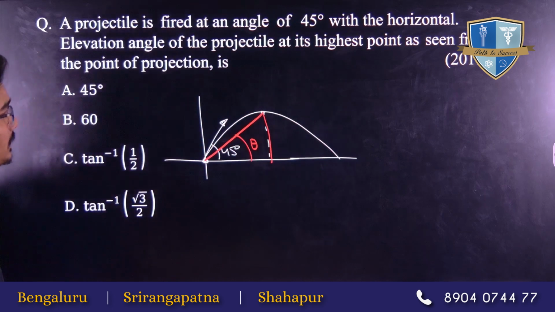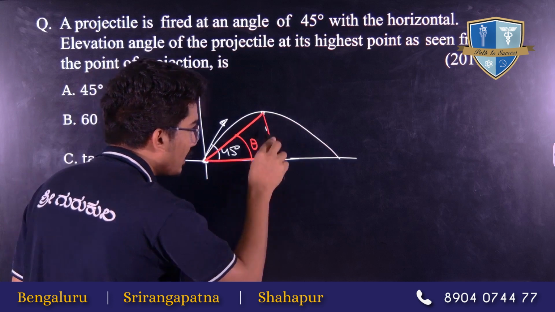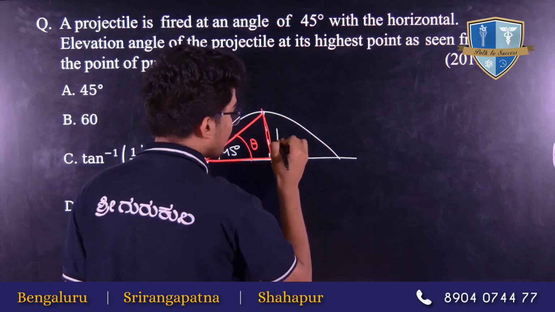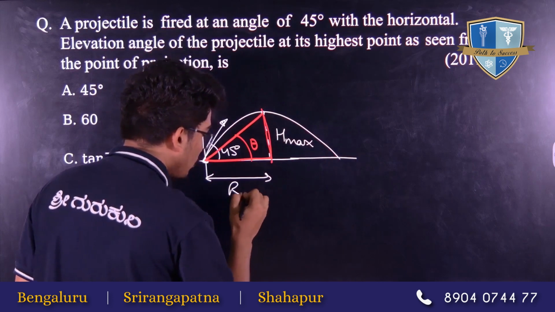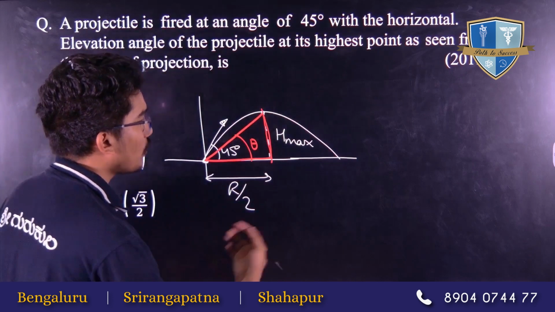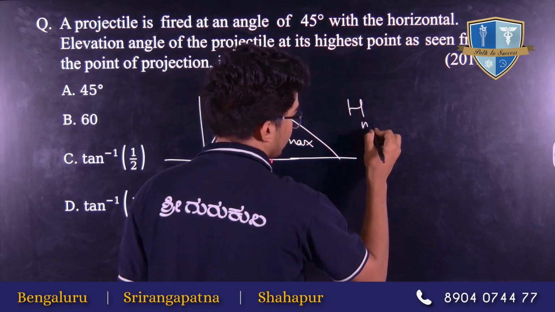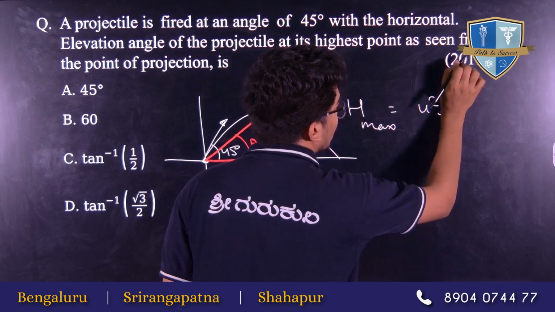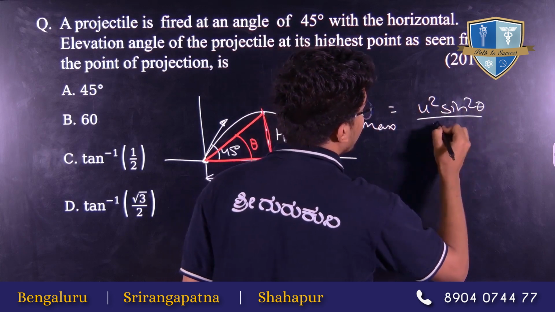So let's calculate that. How will we calculate that? To calculate this theta, we need this length and this length. That is, we need h max and we need r by 2, which is range by 2. So what is the formula for h max? H max is equal to u square sin square theta by 2g.